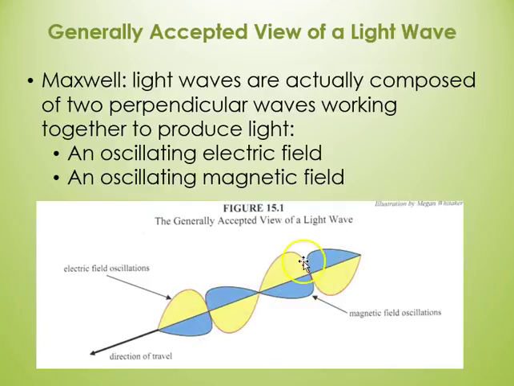If you can see this, there's a piece where when they cross over, it forms 90-degree angles. So they work together to produce light, and you have an oscillating electric field and an oscillating magnetic field.